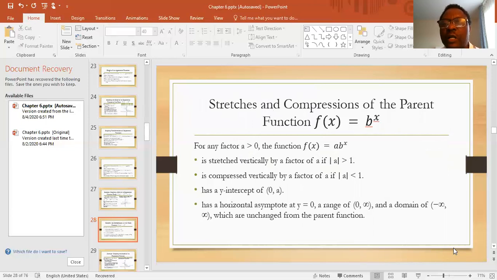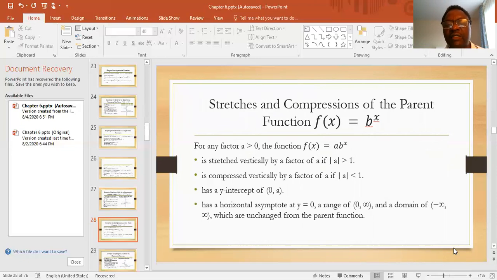We can also stretch and compress the parent function f of x, that is, multiplying it by a. It is a stretch vertically by a factor a if the absolute value of a is greater than 1, and a compression vertically by a factor of a if the absolute value of a is less than 1. This is exactly what we did in the previous chapters about functions, how we transform functions.